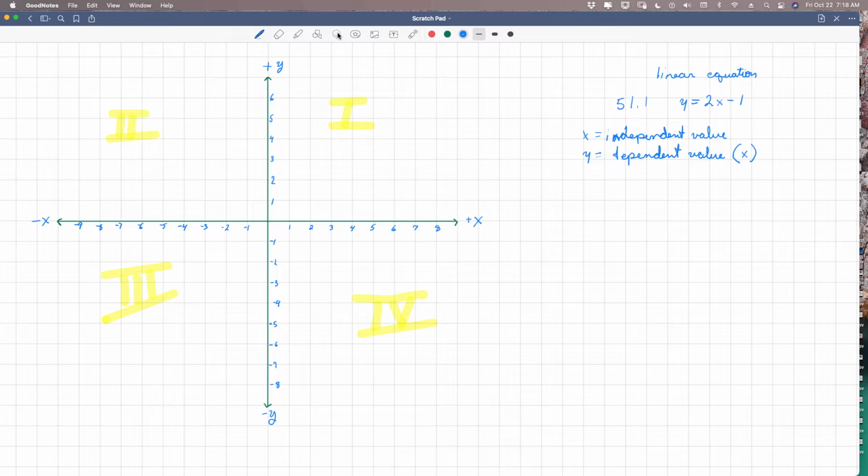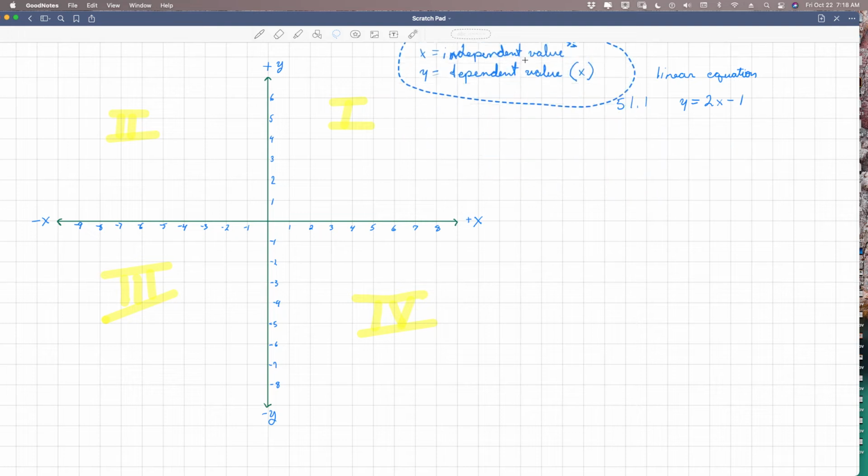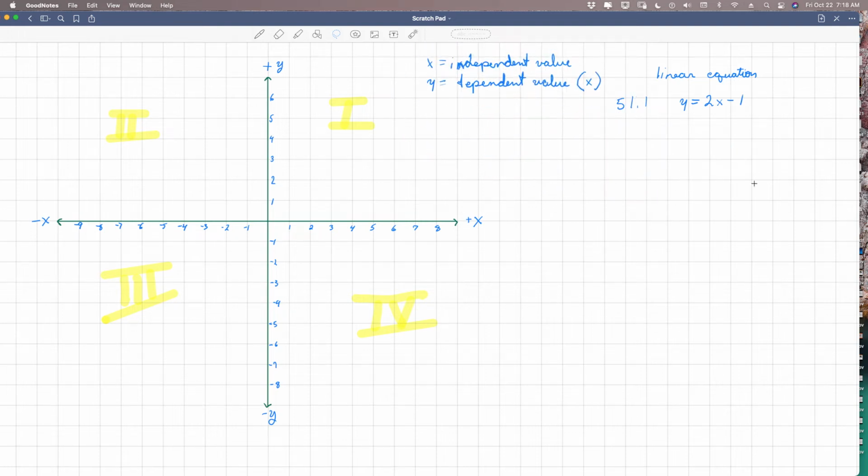All right, let me show you what I mean by that. When we are given a linear equation and we're asked to graph that line, we have to figure out what the points on that line are. How do we determine the points? The way we do that is we start by making a table.